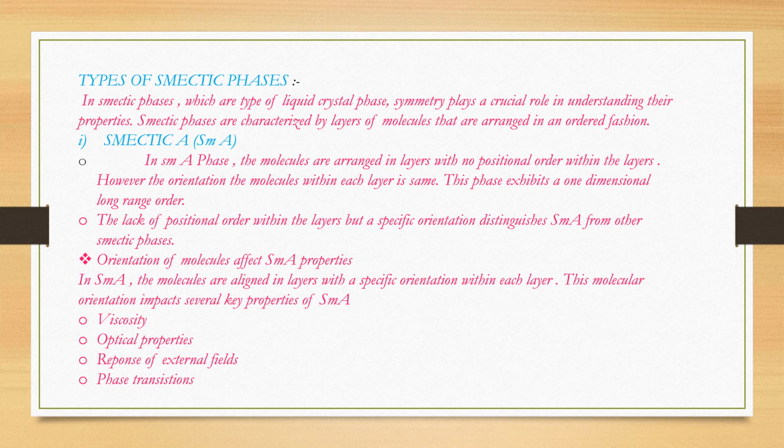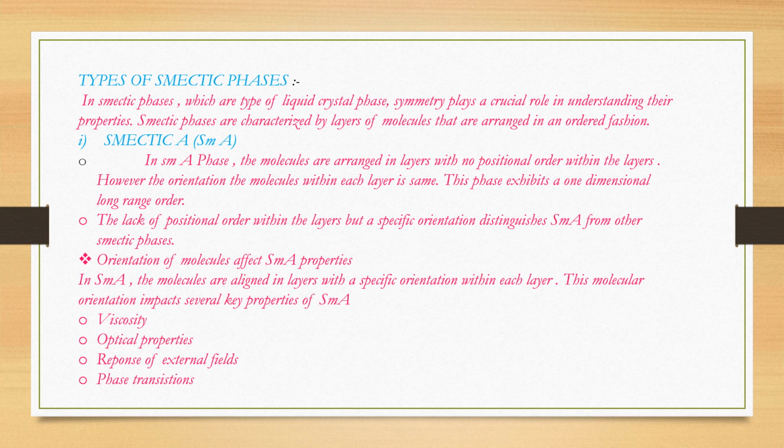Now we will see types of smectic phases. In smectic phases, which are a type of liquid crystal phase, symmetry plays a crucial role in understanding their properties. Smectic phases are characterized by layers of molecules that are arranged in an ordered fashion. First we will see about the smectic A phase.